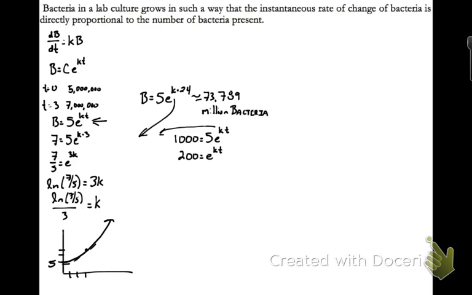I'm going to convert this to logarithmic form. So the natural log of 200 equals kt, divided by k. So the natural log of 200 divided by k equals t. So t is about 47.240 hours. So there we have 2 example problems on dealing with exponential growth.